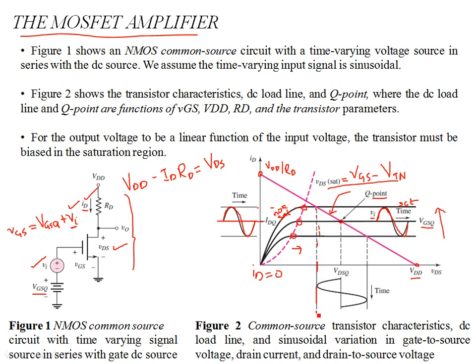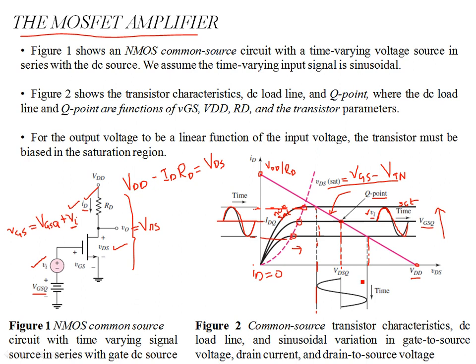If the output is your VDS, this will be an alternating voltage as well. Over a certain VDSQ, which is an average or a constant, you will have a sinusoidal output, which is linear, a linear reproduction of the input voltage, right?